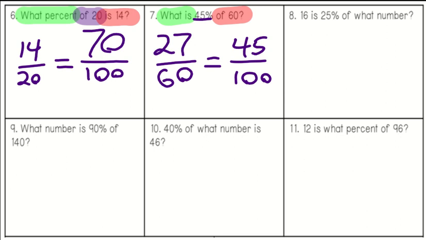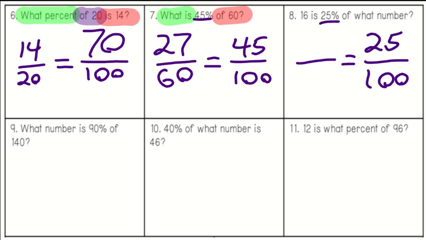All right. So here's the third way. We still got our proportion, 100 on the bottom right. We got a percentage, so percent goes over 100. That's 25. This time it's asking me of what number? So it's looking for the of. That puts my blank on the bottom. 16 is the is.